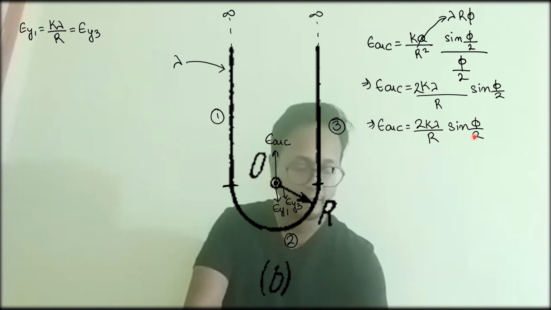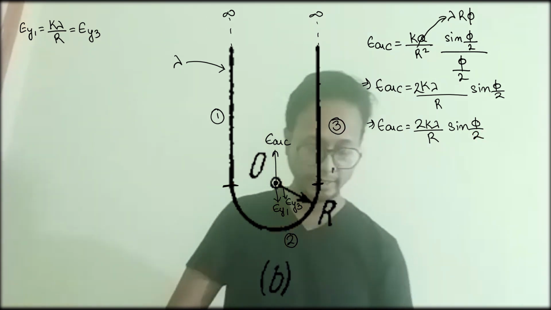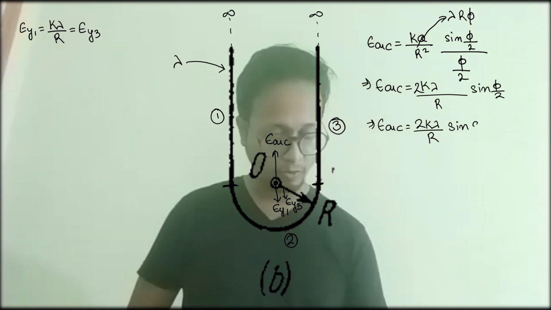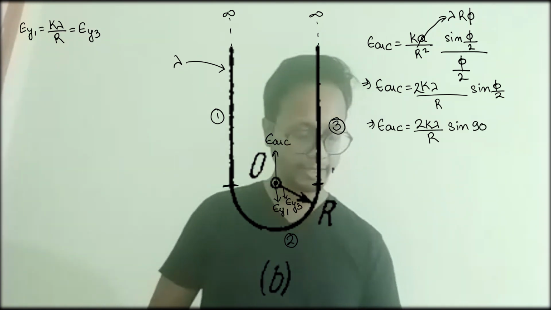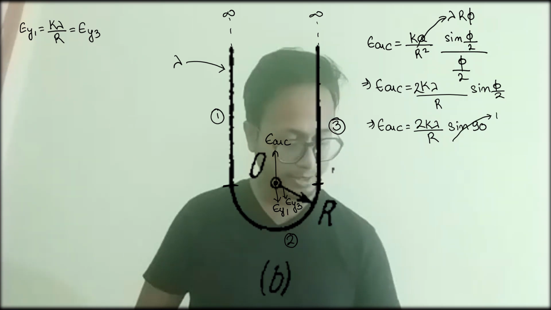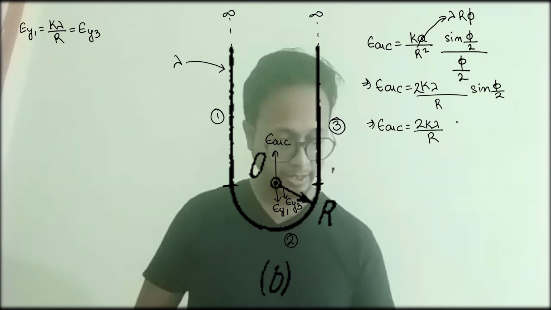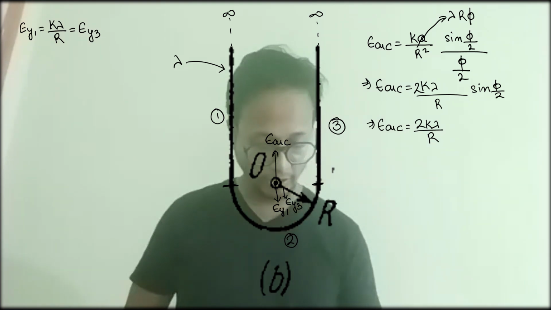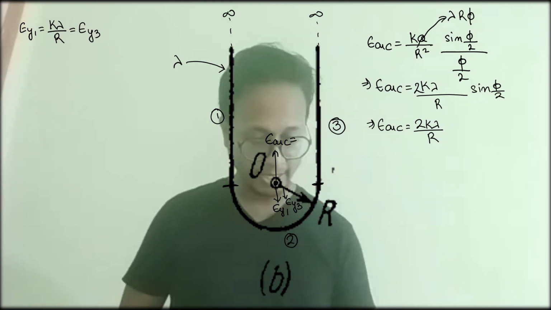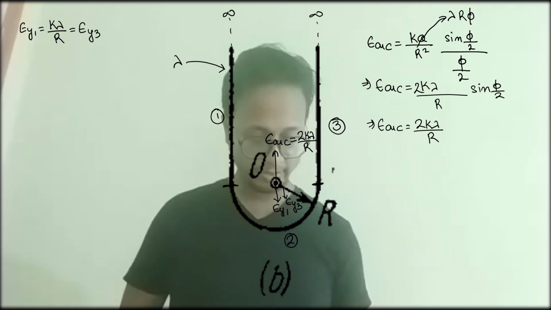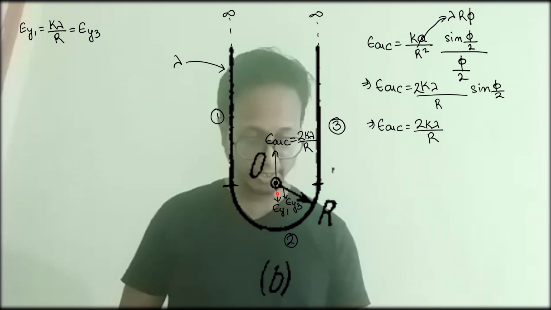So 180 divided by 2 is 90 degrees. The value of sine 90 is 1. So the total electric field due to the semicircular arc in the horizontal direction will be 2k lambda by R.